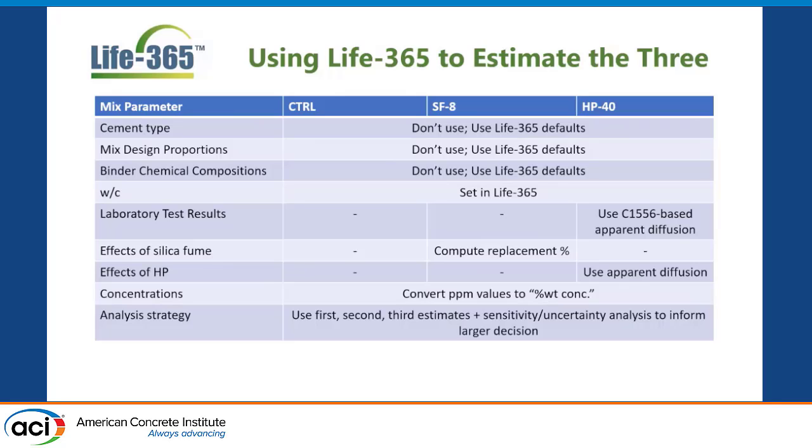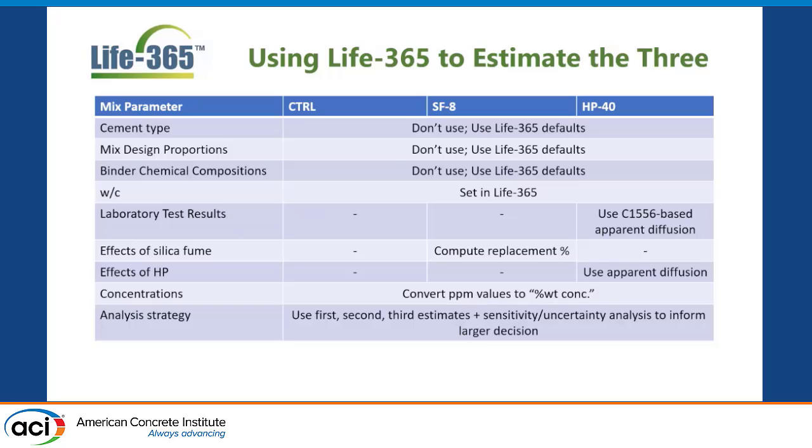Okay. For these three, the cement type, Life-365 doesn't really give you a choice to change it. It's not one of the options, so I used what was in there, as opposed to trying to replicate some of the performance that comes out of these alternate mixes. Mix design proportions, I used Life-365 defaults. The binder chemical compositions, I did not use those as well; I used the defaults. I did use the water-cement ratio.